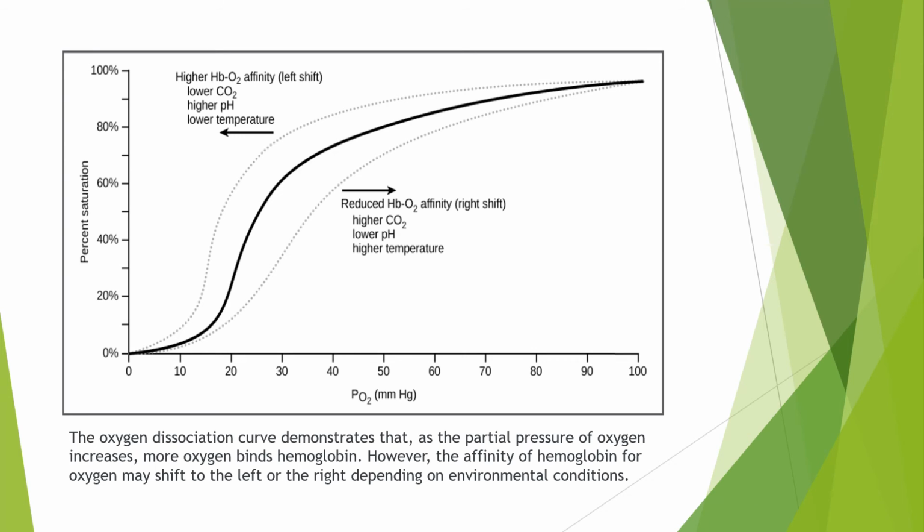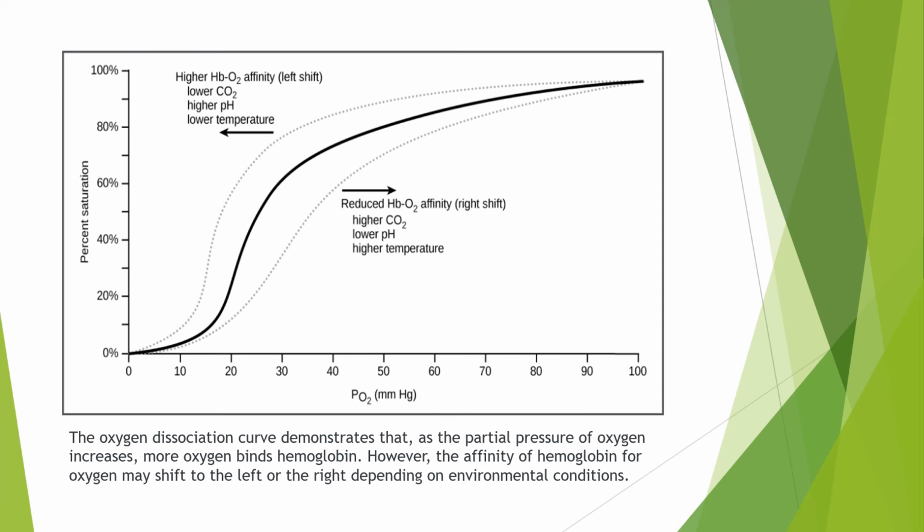So this is the graph showing the oxygen hemoglobin dissociation curve. Higher hemoglobin oxygen affinity shifts the curve towards the left, whereas reduced hemoglobin oxygen affinity shifts the curve towards the right.